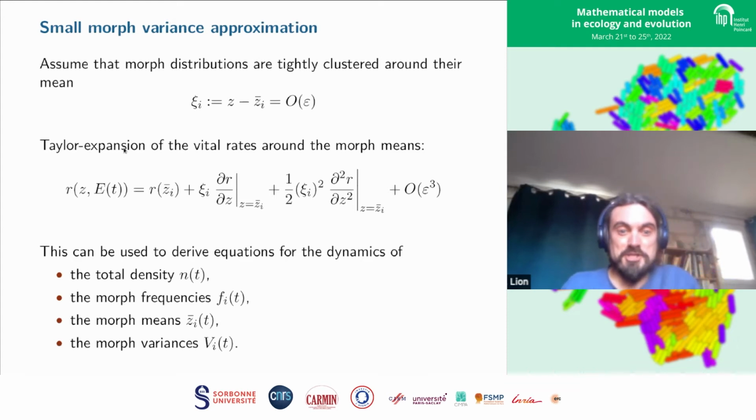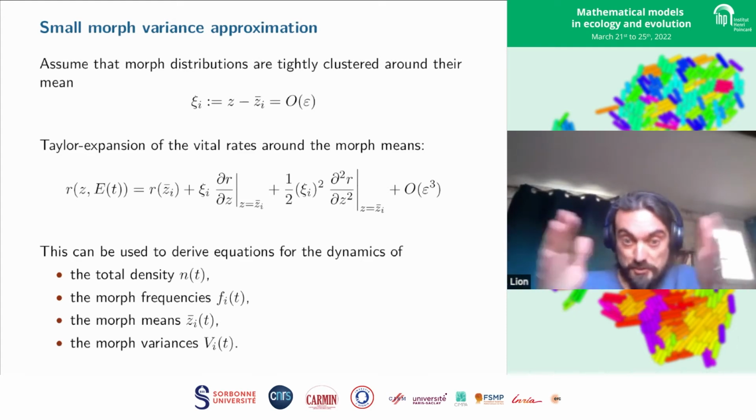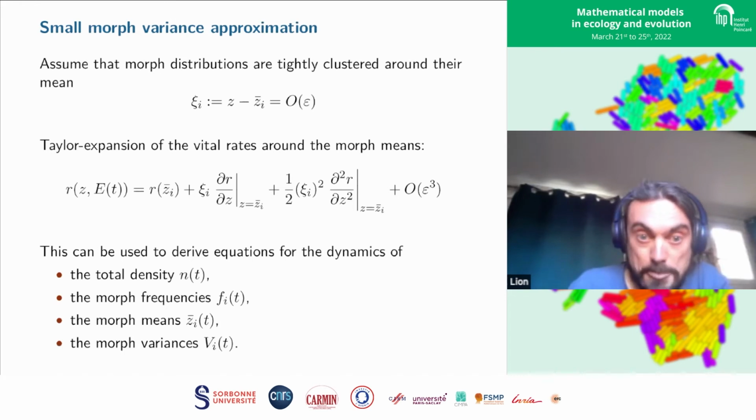If we make a Taylor expansion of the vital rates around the morph mean, like this very standard Taylor approximation, we can derive equations for the dynamics of the total density, the morph frequencies FIT, that's the height of the peaks, the morph means, Z bar IT, that's the positions of the peaks, and the morph variances, VIT, which give us an idea of the width of the peaks.